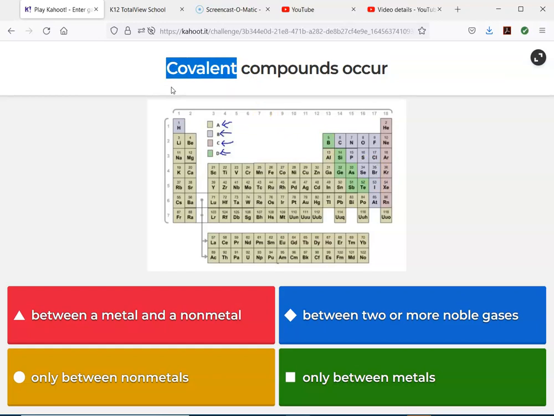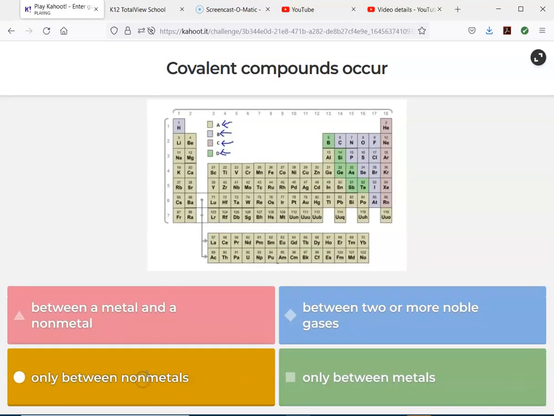Covalent bonds happen only between a nonmetal and a nonmetal. So only these over here are going to form covalent bonds with each other, not with anything else, only with each other. And so only between nonmetals. That's just a straight definition.